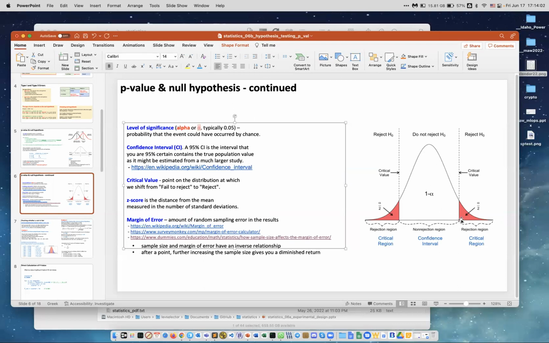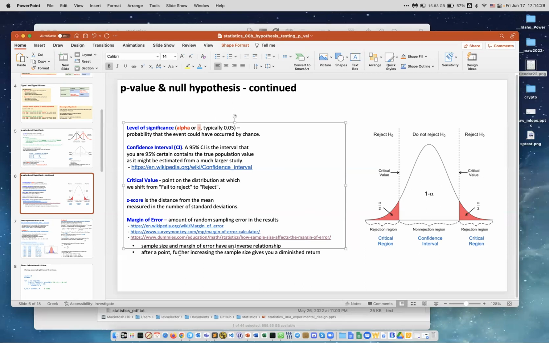Critical value is this value where we transition from keeping the null hypothesis to rejecting the null hypothesis. Z-score is simply the distance from the mean expressed in sigma, in how many standard deviations we differ from the null hypothesis, from the mean.